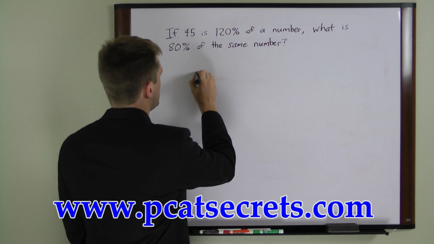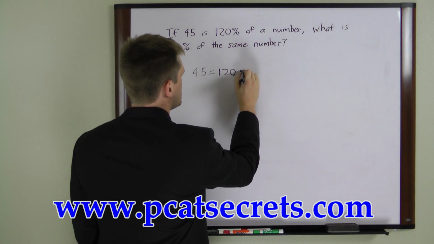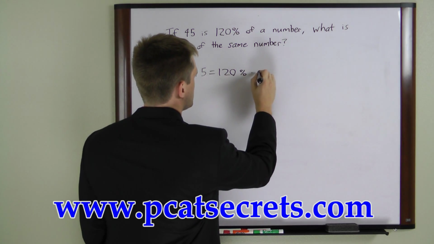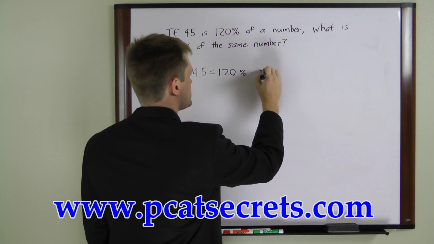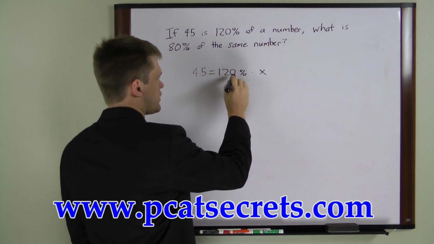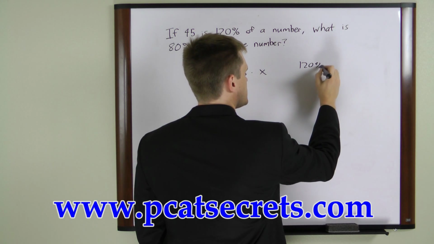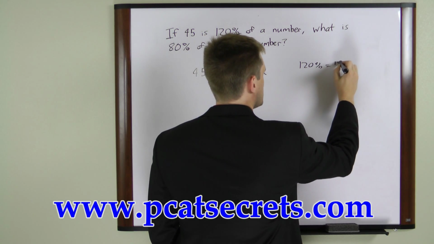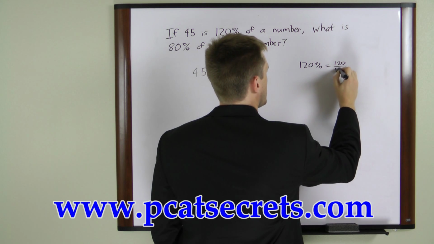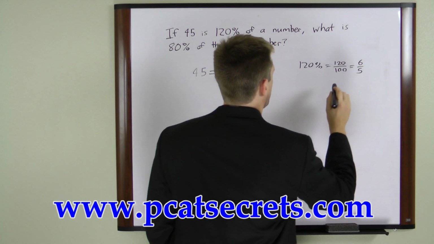First we have 45 equals 120% times a number. We'll call that number x. Now to solve this, we want to convert the 120% to a fraction. So let's do that. 120% is 120 over 100, which is the same as 6 over 5.